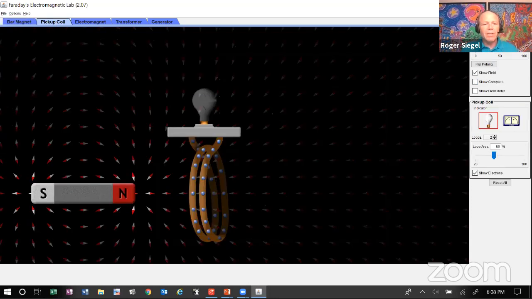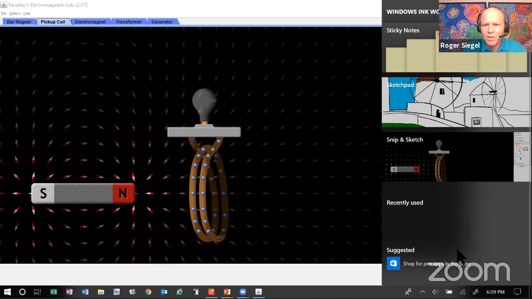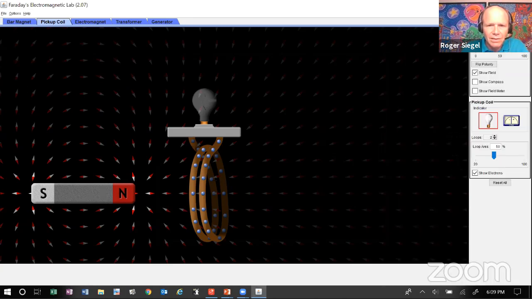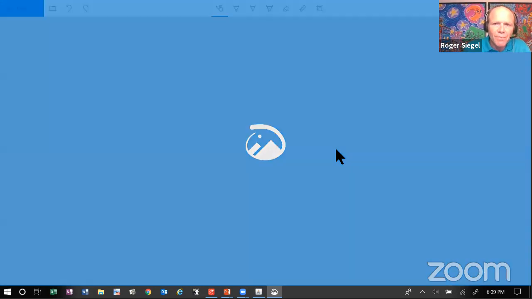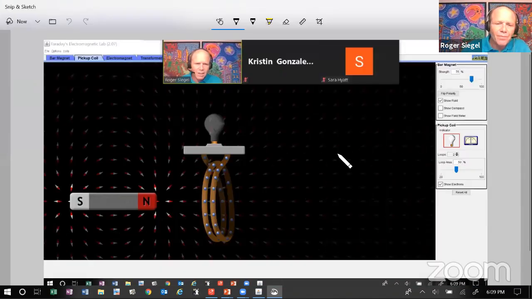Now I'm going to go to the next simulation, and this is called a pickup coil, okay? Now, notice that there's the magnetic field. Now, the first thing I want to talk about around this pickup coil is, let's just talk about the flux first. I'm going to try and just capture this for a second because it'll help me to draw a little bit on here for you guys. So bear with me for a second.